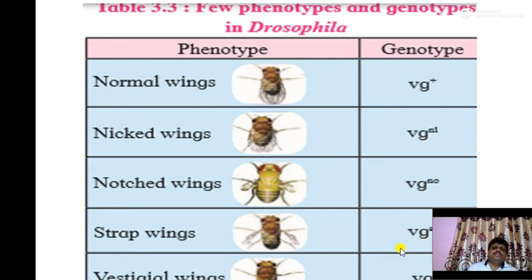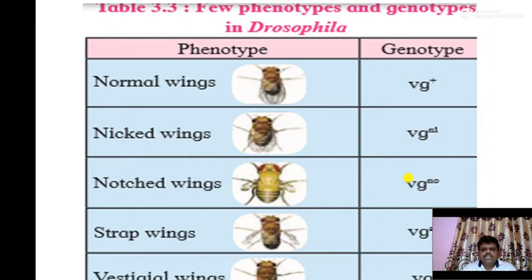So these are different wing patterns found in the Drosophila, produced by mutant genes of the wild one. More than two alternative forms of a gene is called a multiple allele. So this is a classical example of the multiple allele, that is the wing pattern in the Drosophila.